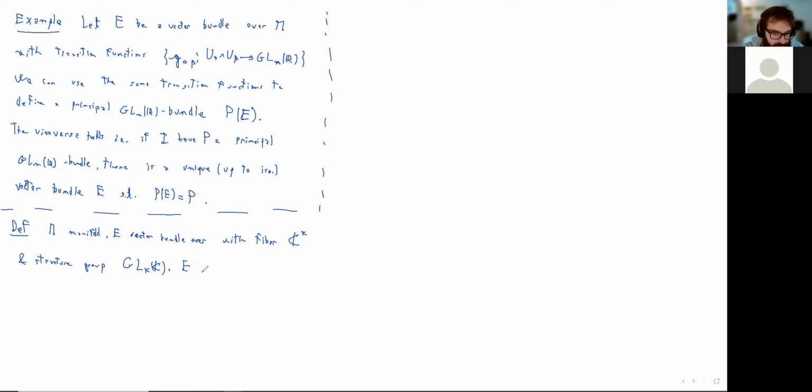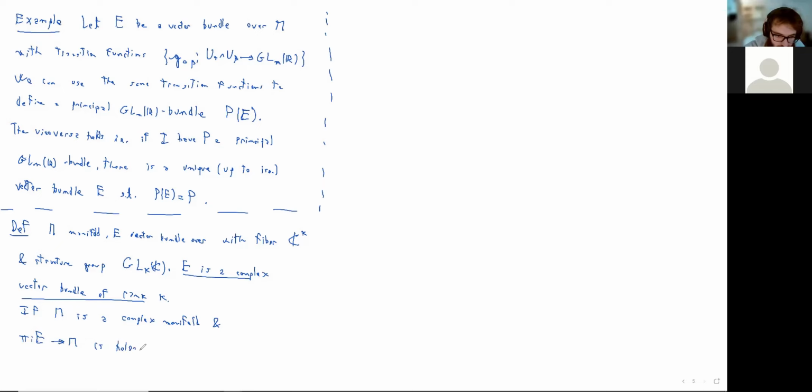And in this case, we say that E is a complex vector bundle of rank K. Furthermore, if M is a complex manifold and the projection is holomorphic, then we talk about holomorphic bundles.